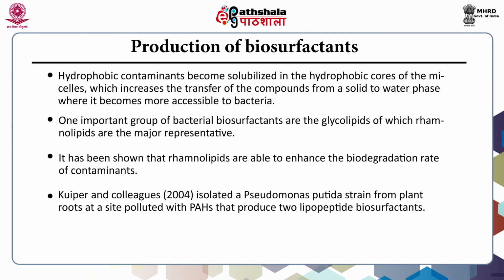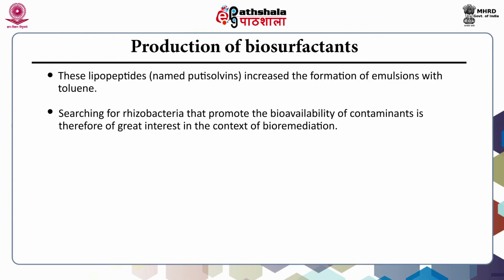According to Cooper and his colleagues, a Pseudomonas putida strain isolated from plant roots grown in polyaromatic hydrocarbon contaminated sites produced two lipopeptide surfactants. Now, these lipopeptide surfactants increase the formation of emulsions with toluene.